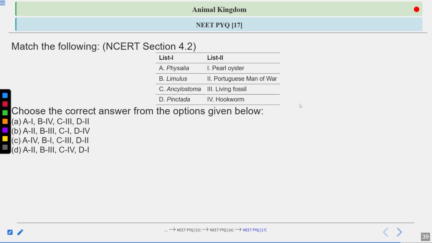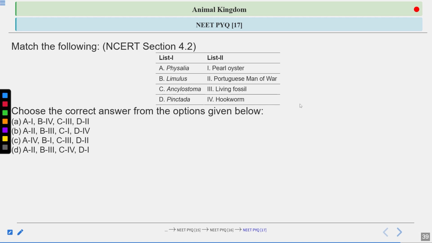A, Physalia; B, Limulus; C, Ancylostoma; D, Pinctada. List 2: first, pearl oyster; second, Portuguese man of war; third, living fossil; and fourth, hookworm.